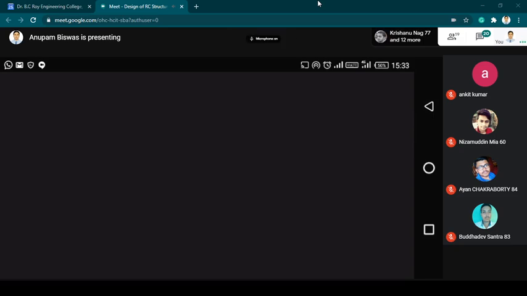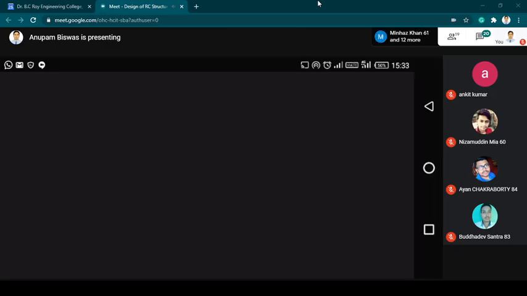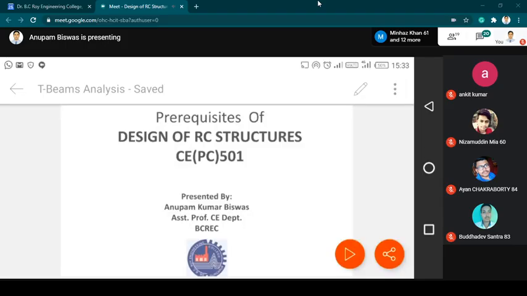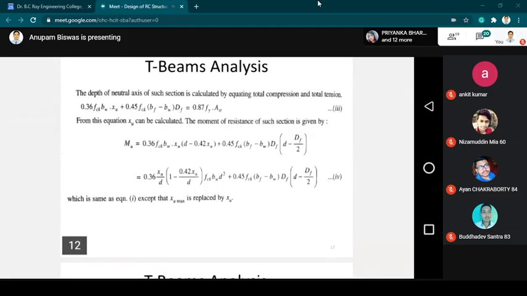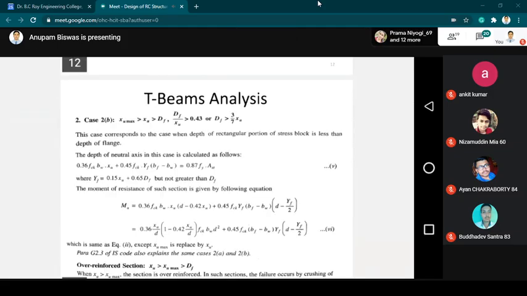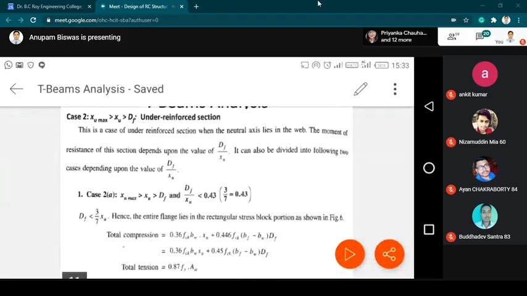This yf is 0.15 xu plus 0.65 df. The code recommends simple values, and not much complexity is there.